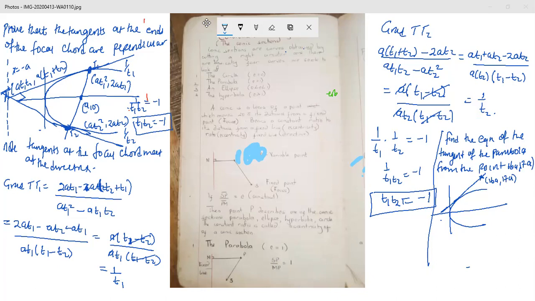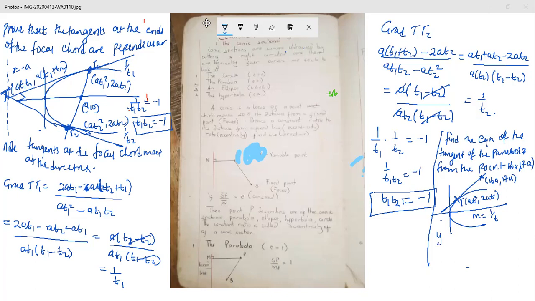And from there, you need to just find one. You should know the gradient of the tangent. Remember, the parabola is (a t squared, 2a t). The gradient of the tangent is 1 over t.